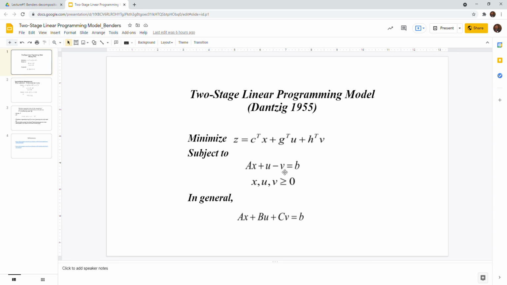So the cost here is not the accumulated cost for all scenarios, because in reality only one scenario can happen. So the cost coefficient that is multiplied by vector U or vector V has to be what we call the expected cost for just one scenario, if it happens.